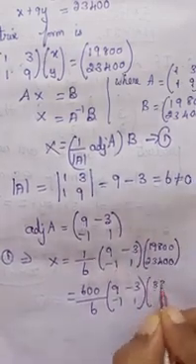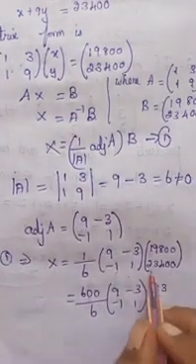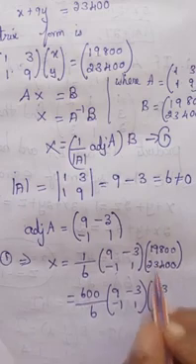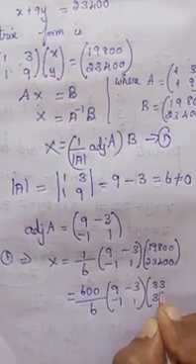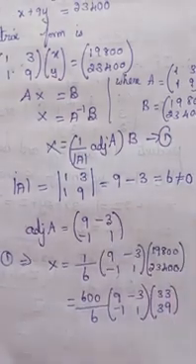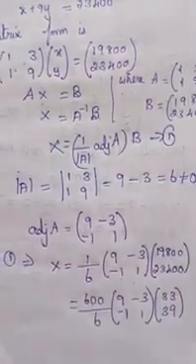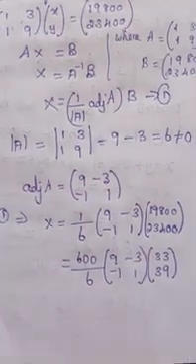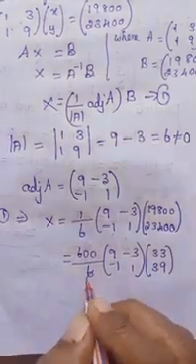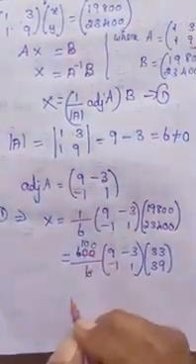Here we may get 33. Here 2, 0. Here when we divide by 6, we get 39. So to make it a simple number, we have taken 600 commonly outside. So here 1 by 6, here 100.